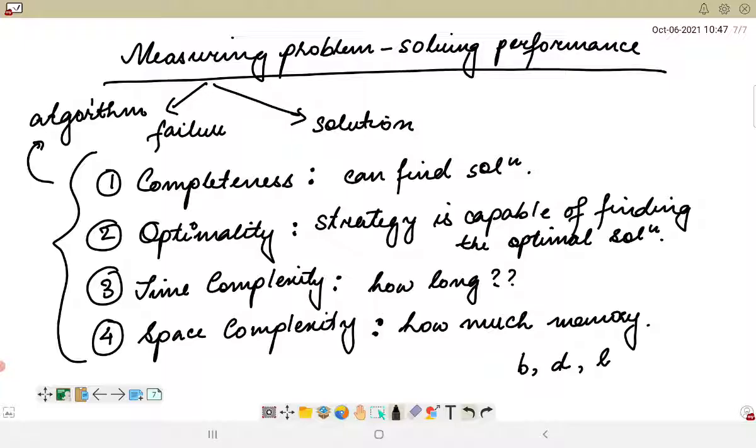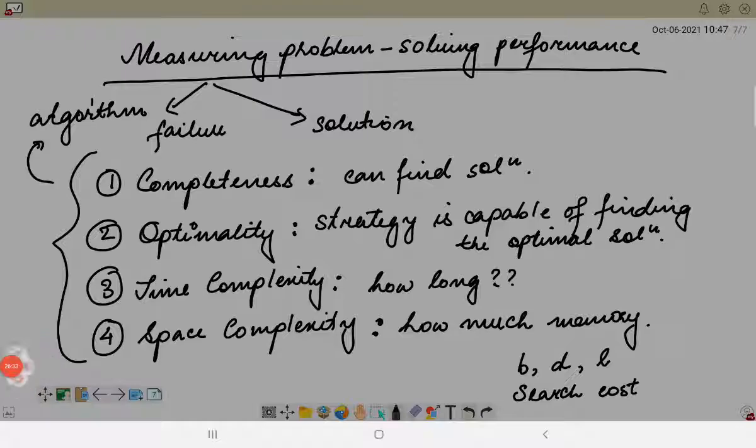Search cost is another factor associated with measuring problem solving performance. All of this collectively forms the performance criteria of a search algorithm in order to find out the best possible solution, right?